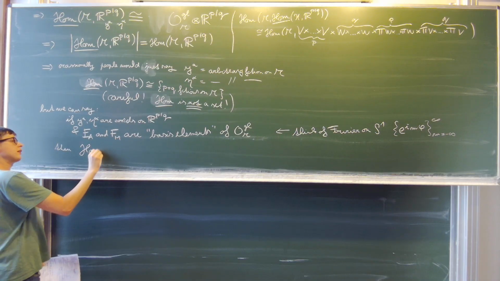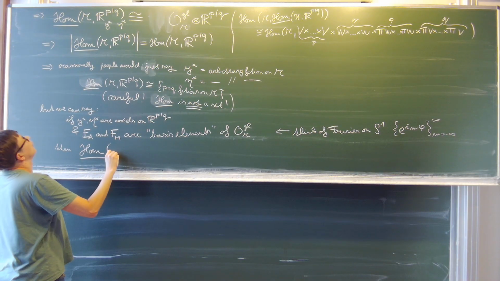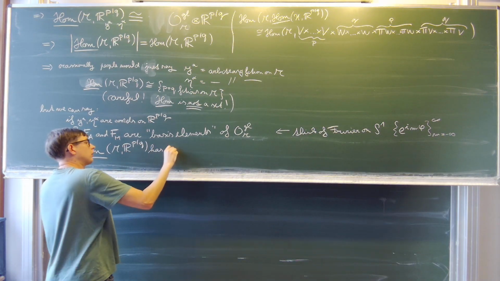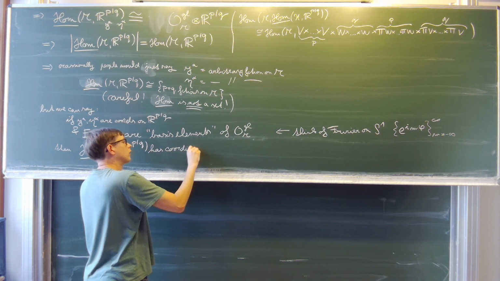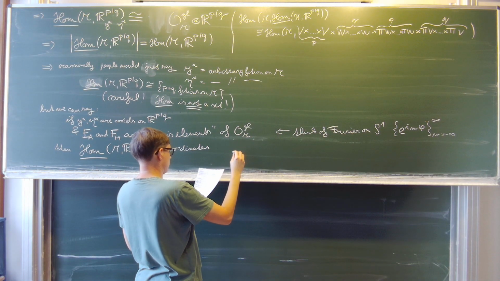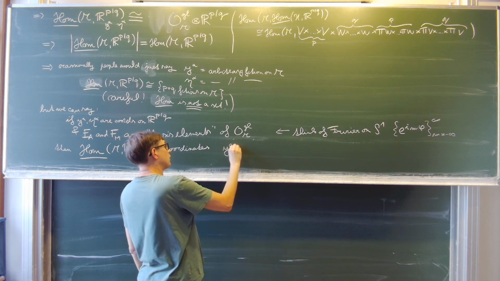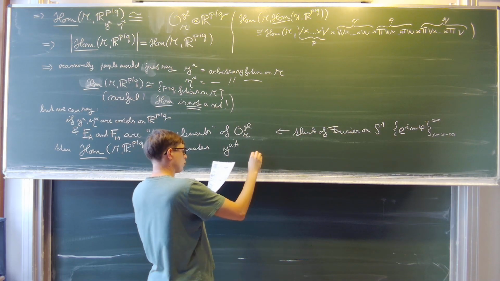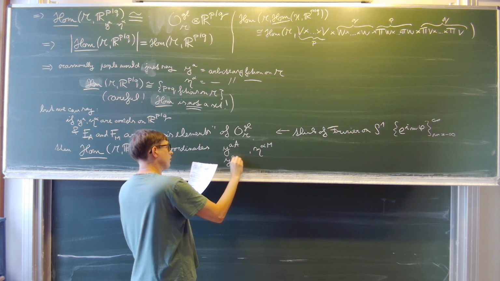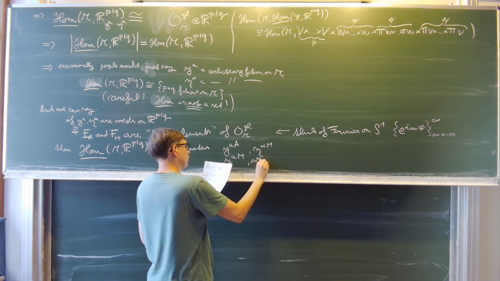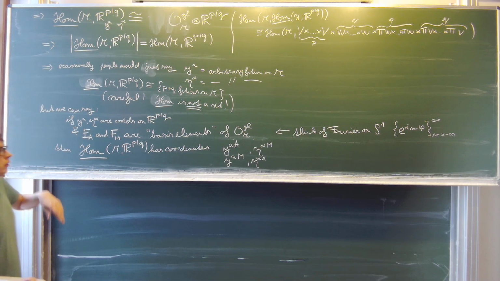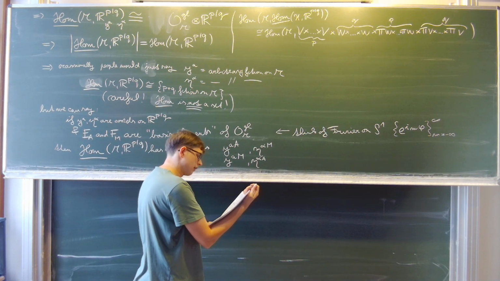So, if you have such a thing, then the internal hom space has naturally the coordinates, this thing has coordinates, labeled by both indices. Maybe this is preferred by people who like indices, but I think it is illustrative.